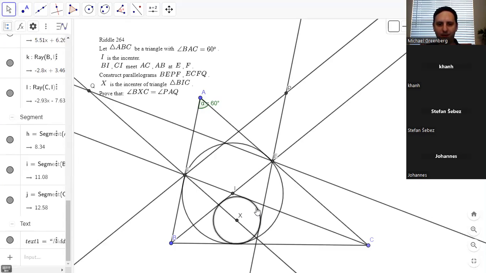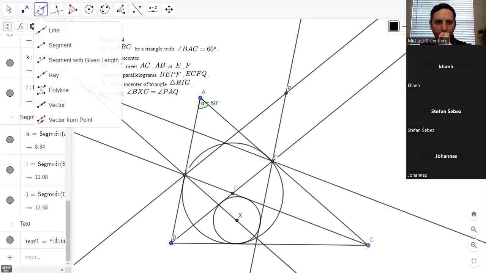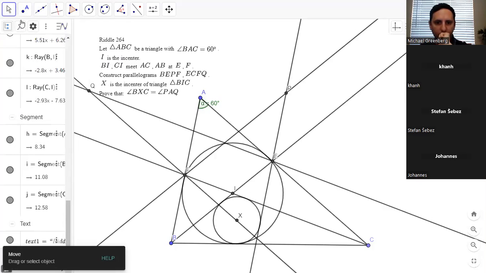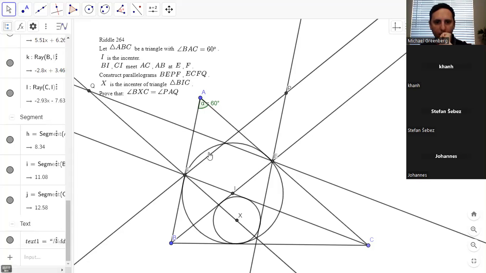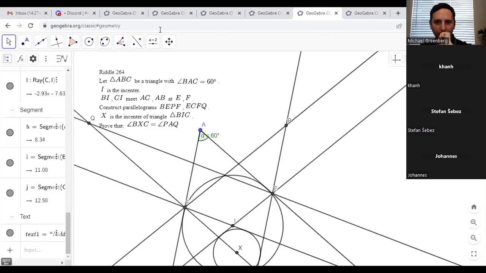It should be 150 degrees, but now when I look at the picture, PAQ doesn't look like 150. Let's see. Actually, what is BIC? Is it 120 degrees? Yeah, I think. Let me check. So this is riddle 264. Let me check the chat.